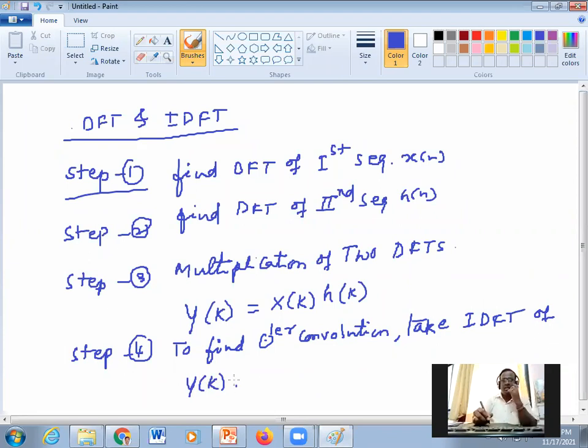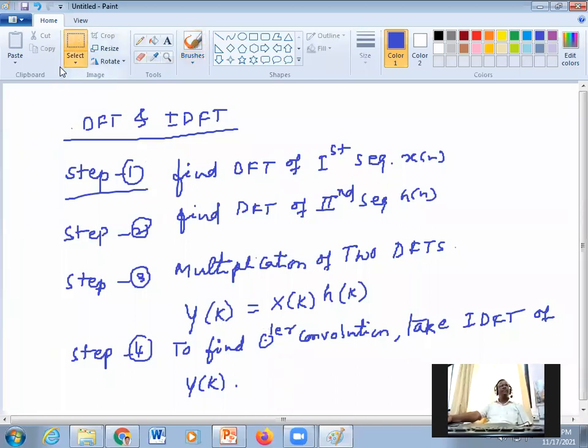This is the steps for the DFT and IDFT method. Can you remember this? Yes, sir. You just need to follow the steps properly.